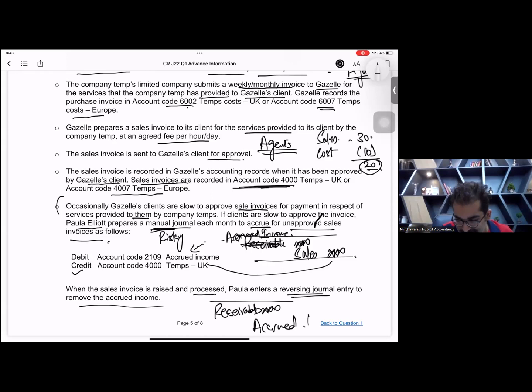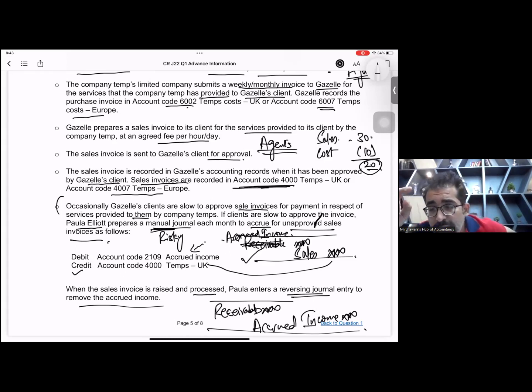Now, what is the risk? See the risk. These things are done manually. Just think that a month before, we booked sales for this transaction. And what if, when we were issuing the real invoice, we make the entry receivable debit, sales credit again? That means there is a risk of double counting of sales, and that means your revenue will be increased.